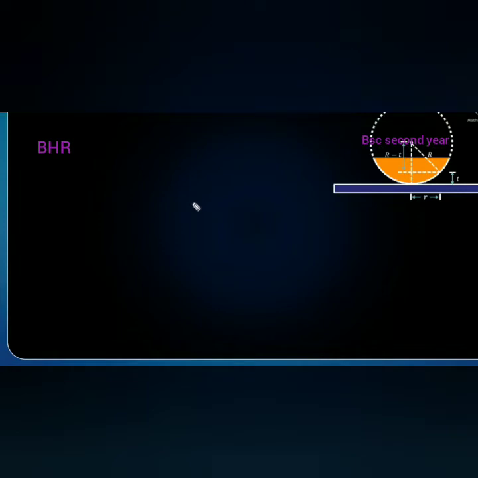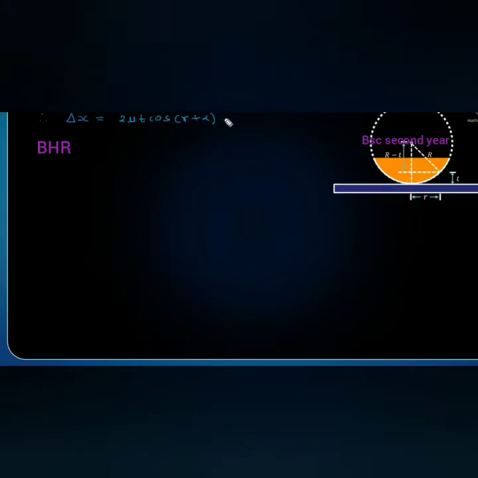Here we know that the path difference for a wedge-shaped film is delta x equal to 2 mu t cos of (r plus alpha) plus lambda by 2. Here mu is the refractive index, t is the thickness of the film.